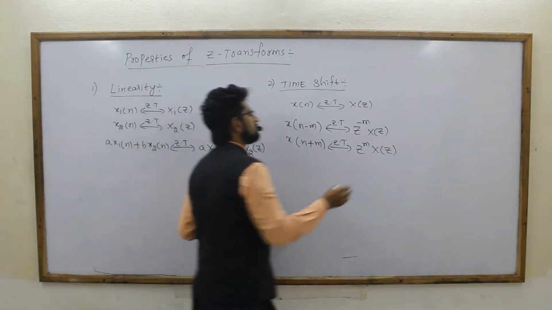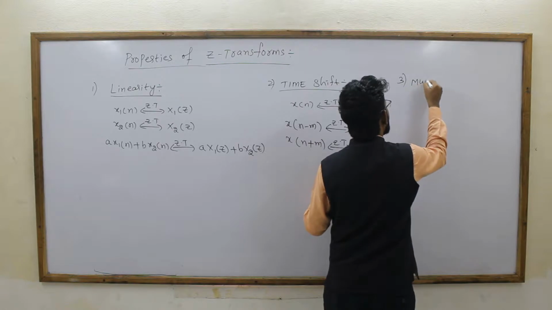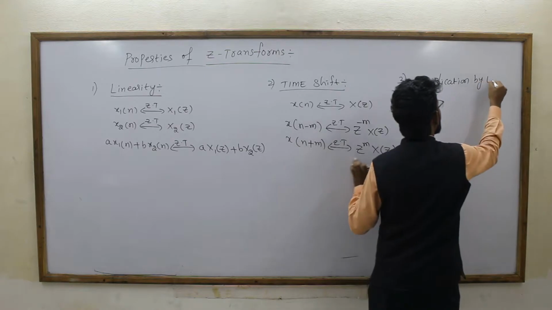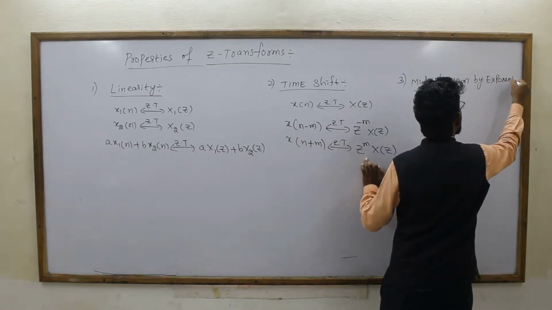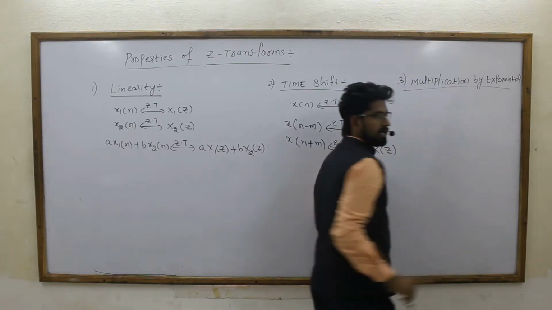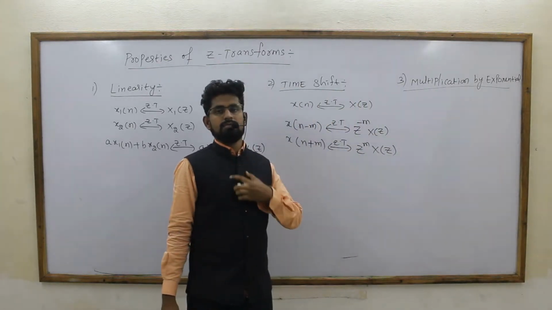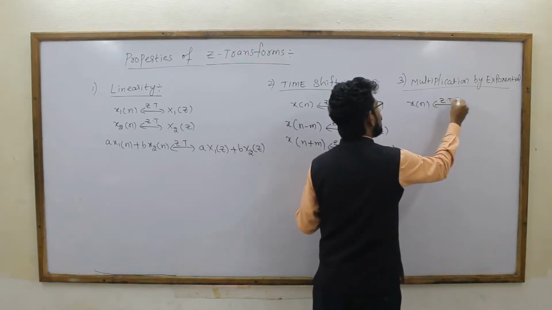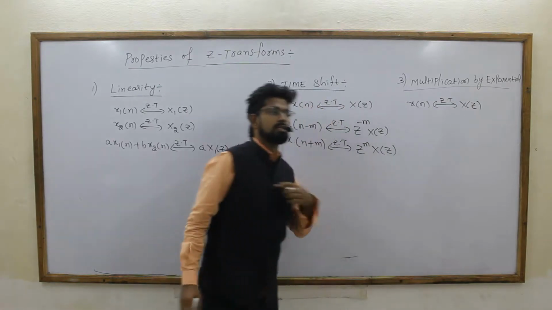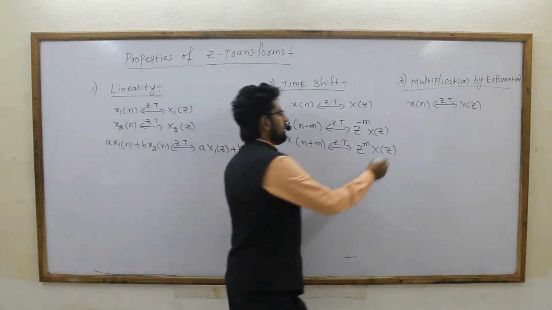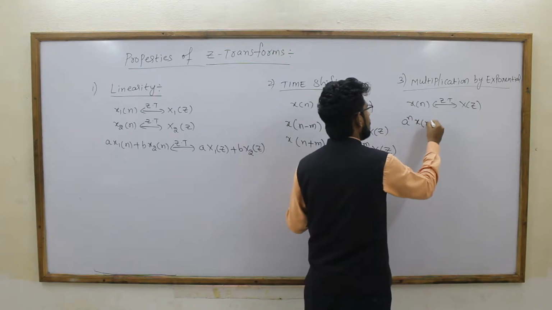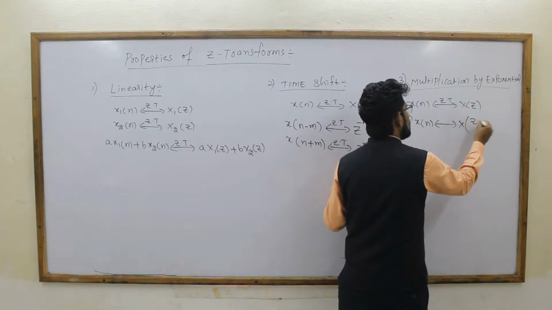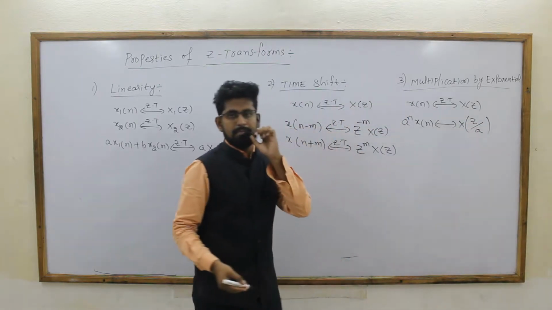Third one, multiplication by exponential. Now you can observe x of n whose Z transform is X of z. Now let us multiply with an exponential. a power n x of n has the Z transform X of z by a. This is one exponential.